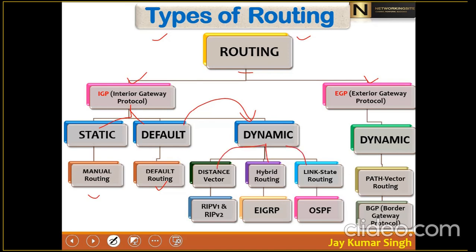In dynamic we have distance vector, hybrid routing, and link state. Distance vector is your RIP and RIP version 2. Hybrid means the combination of link state and distance vector, and that is known as a hybrid routing protocol. So EIGRP is hybrid, which uses both the distance vector algorithm and the link state algorithm.